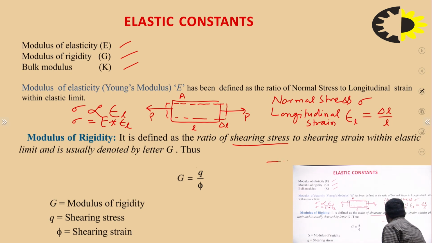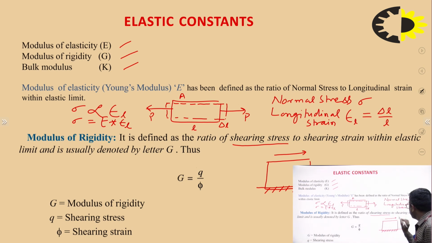So when I talk about this, suppose this body is subjected to some force which is parallel to the plane of application. Because of this, there is a change in shape.